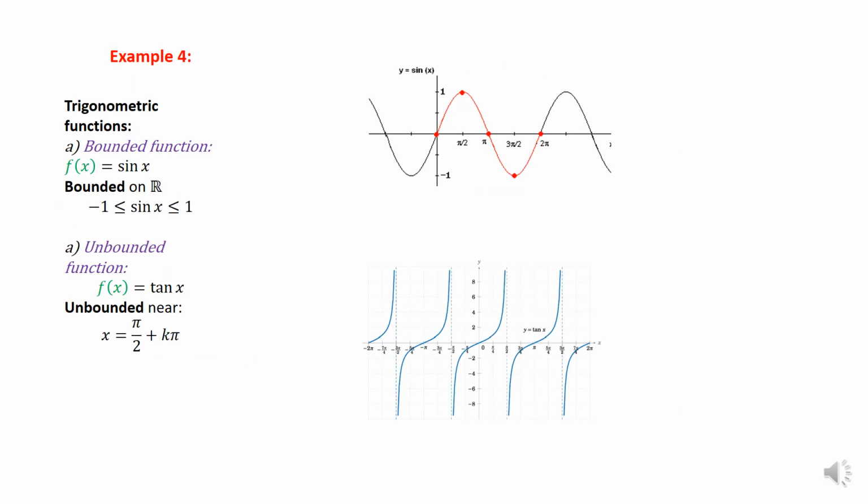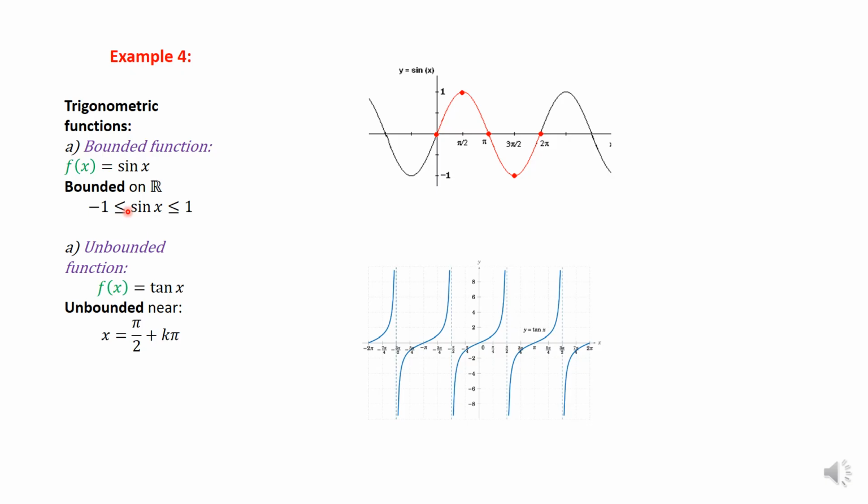In this example, we study an important property of trigonometric functions, whether they are bounded or unbounded. First, let us look at the function sine x. Sine x is always between -1 and 1. This means that sine never becomes too large or too small. It oscillates smoothly between -1 and 1.